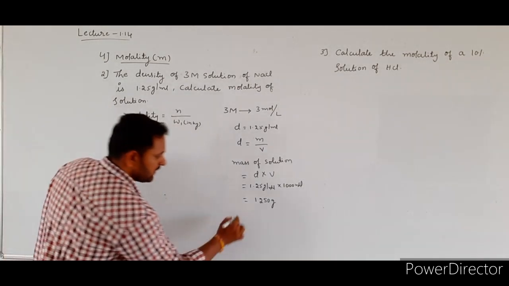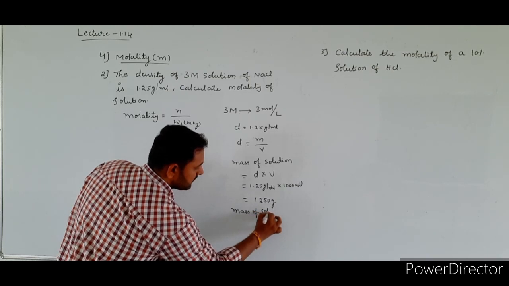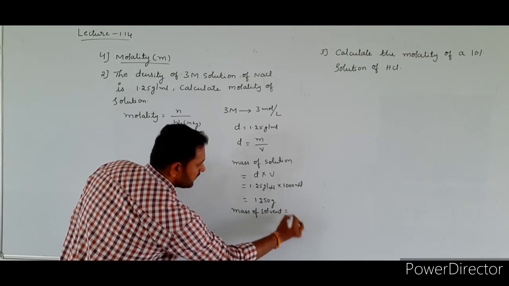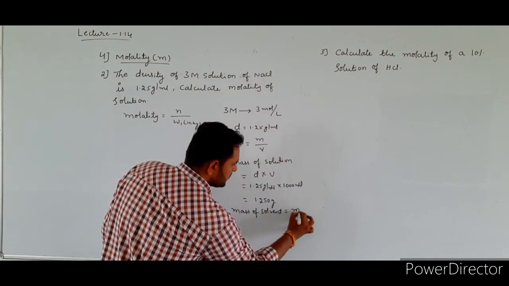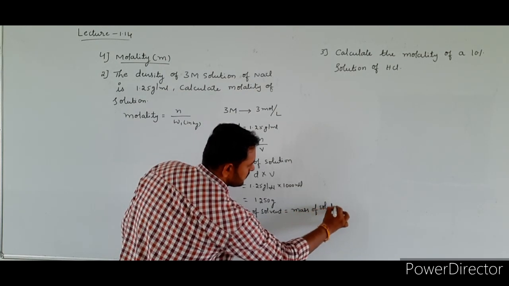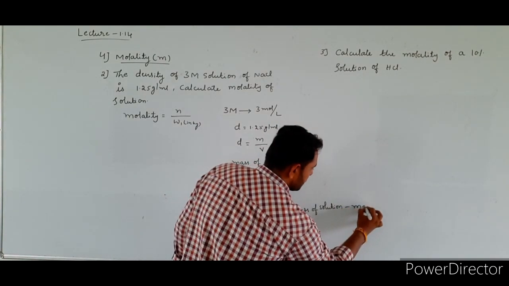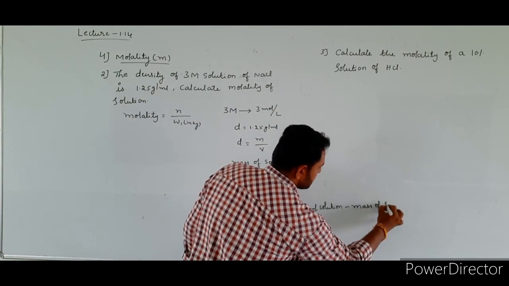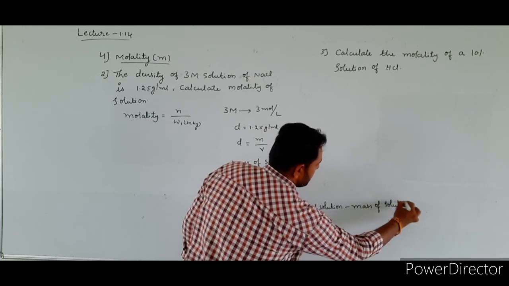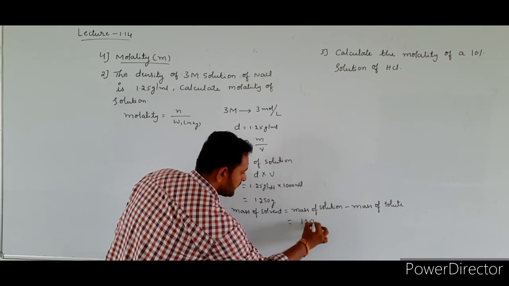So mass of solvent is equal to mass of solution minus mass of solute. What is the mass of solution? 1250 grams.